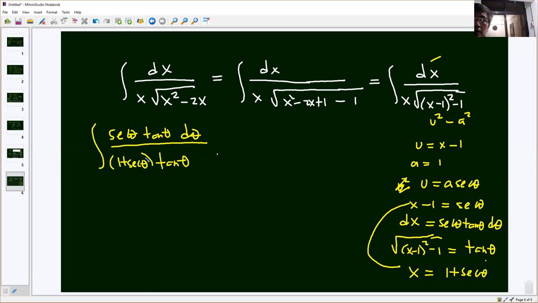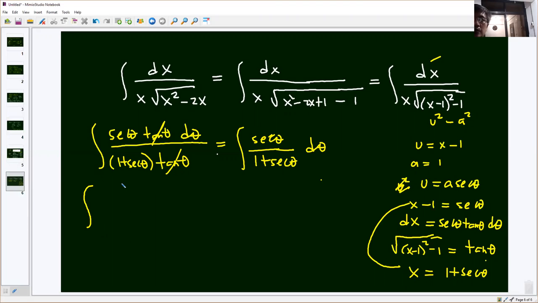So, preliminary is done. Then, simplify. So, magiging second over 1 plus second. Diba? Second over 1 plus second, then d theta. Right? Now, look at this. Second, medyo magulo. Gawin natin trigo. I-trigo natin.